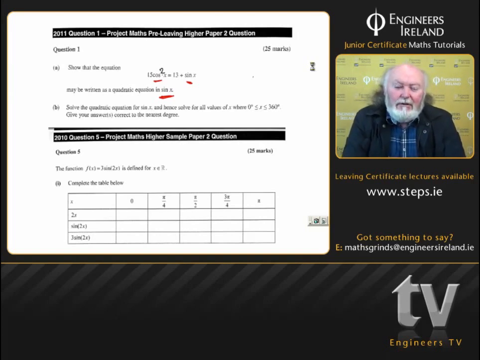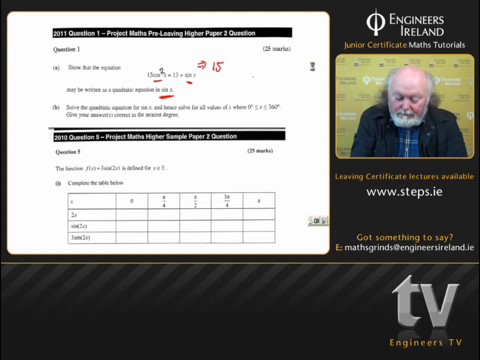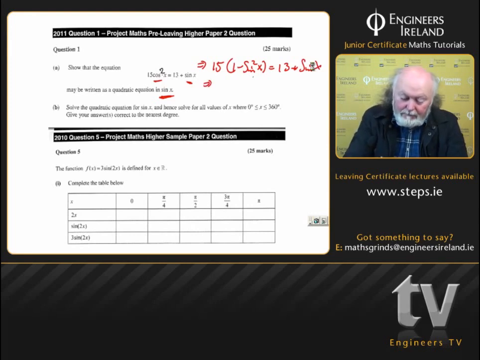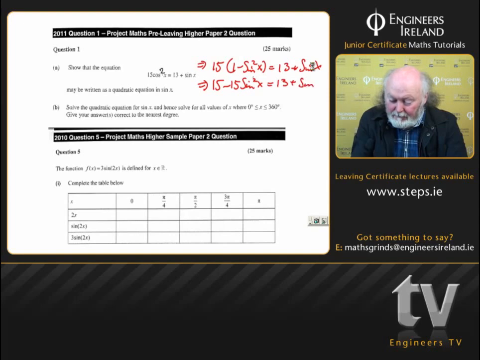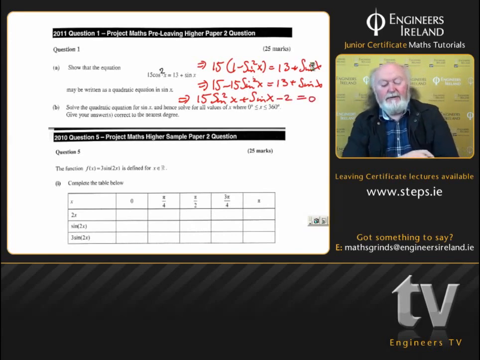That's telling you, find a means of translating cos into sine. And that is a quadratic.